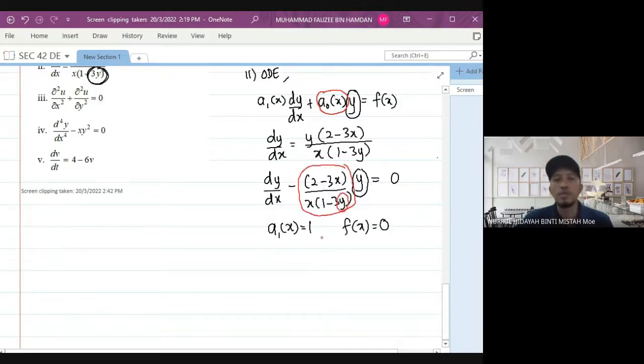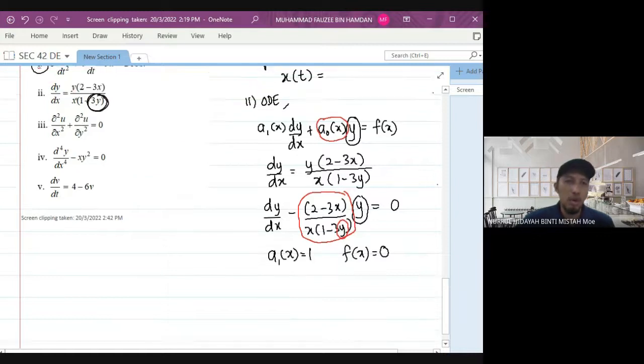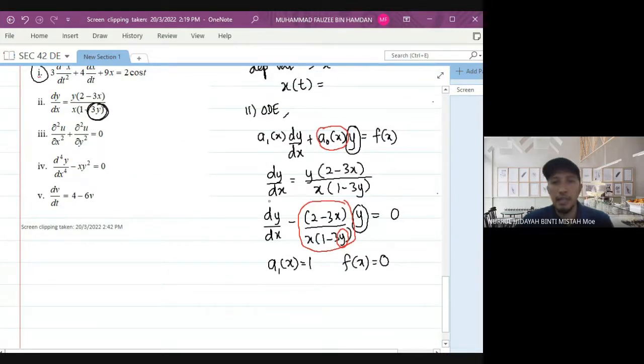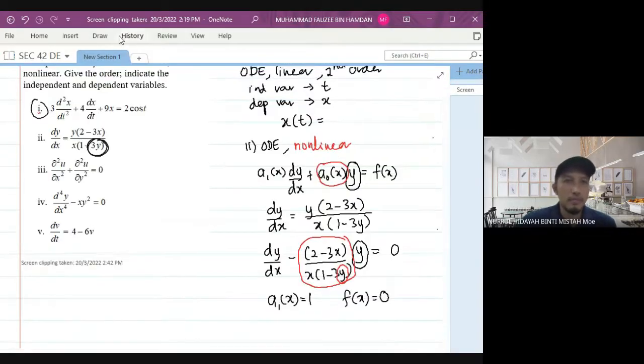So that is why this ODE is non-linear. Is it clear? Any question before we move on? Okay, clear. So the second one is an ODE, non-linear, first order.